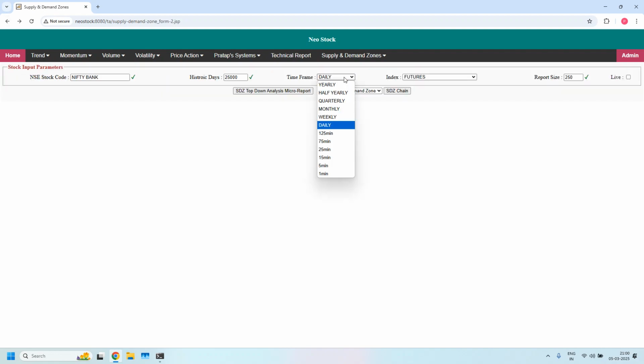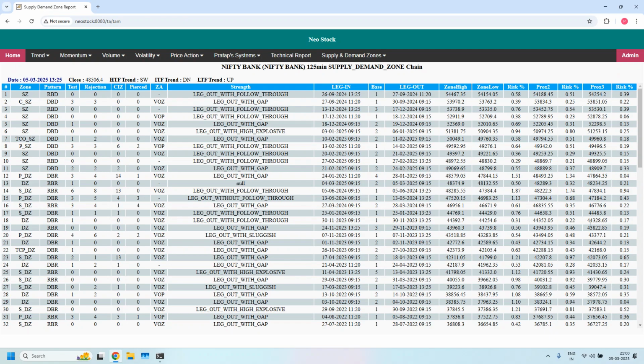Next, 125-minute supply demand zone chain for Bank Nifty. So this is the nearest demand zone, pierced demand zone to the current closing price.